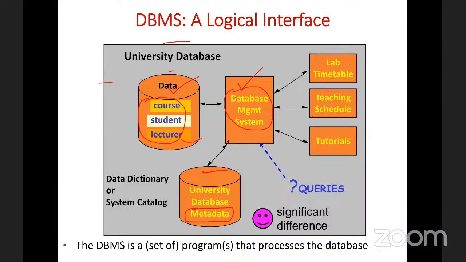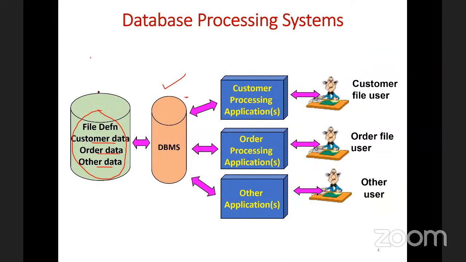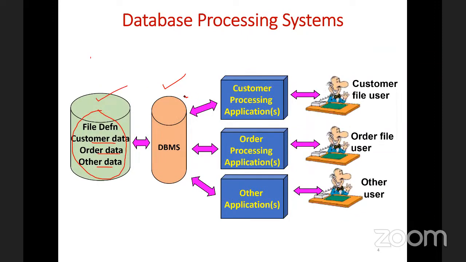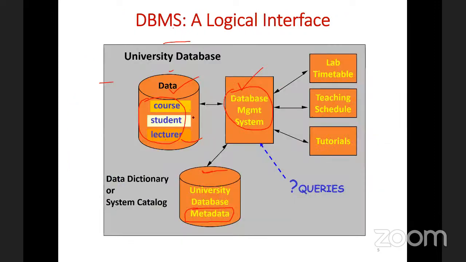No matter who is accessing it, they send requests to the DBMS, and the DBMS takes care: it takes data and gives it to you, or if you want to store data, it stores it. You can see in this figure also that anyone who wants to access this database can do it only through the DBMS. You can't access it bypassing the DBMS.